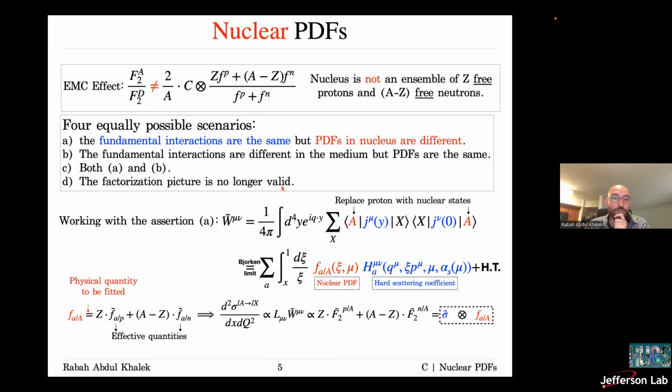But what I want you to understand is that we assume we can write the PDF of the nucleus in terms of the PDFs of the protons and neutrons that constitute the nucleus. That gives us a separation between the proton PDF and neutron PDF, which we can also link by isospin symmetry. But anyway, let's move on.